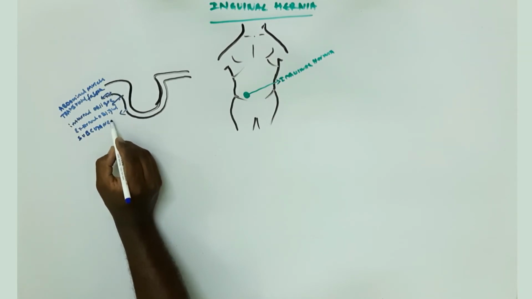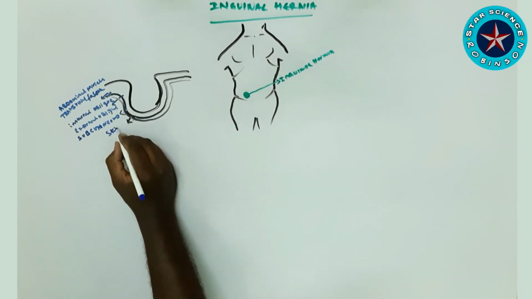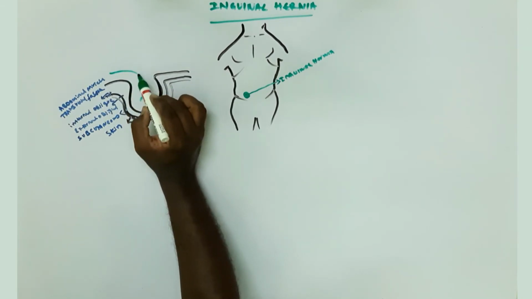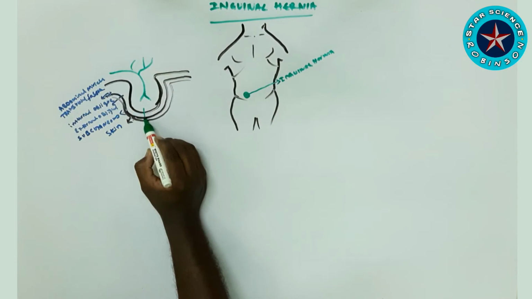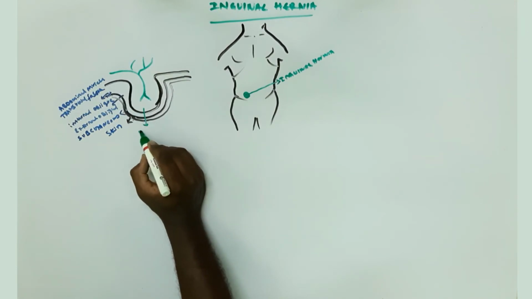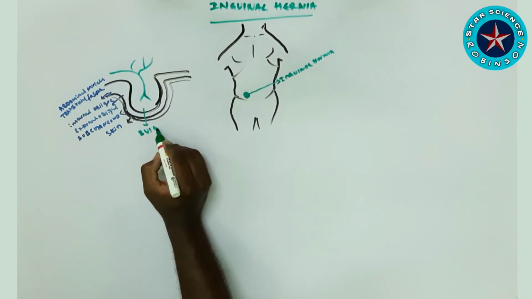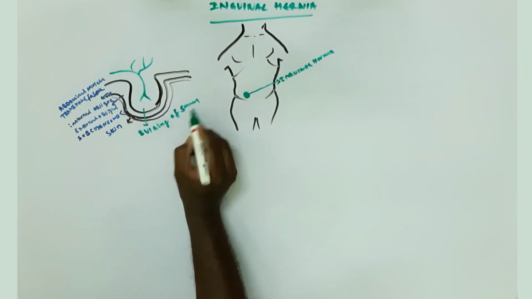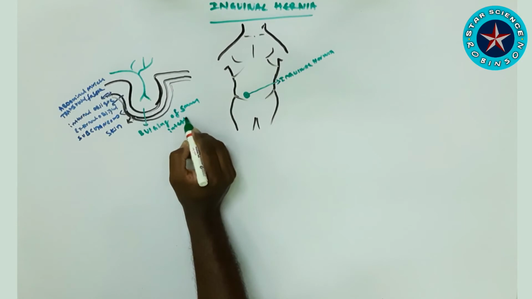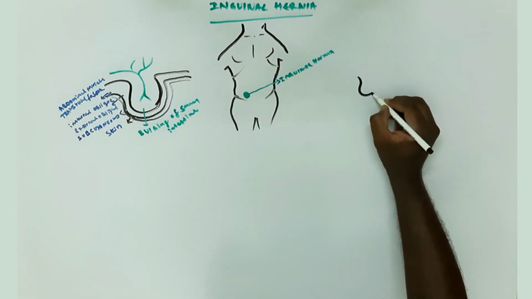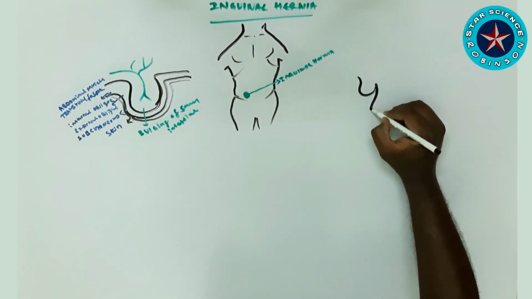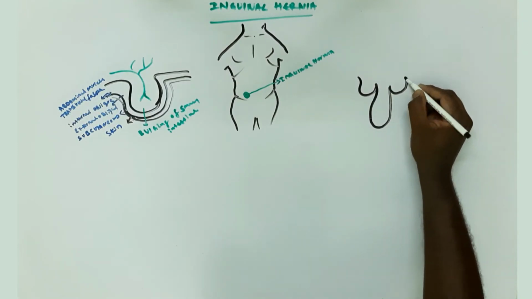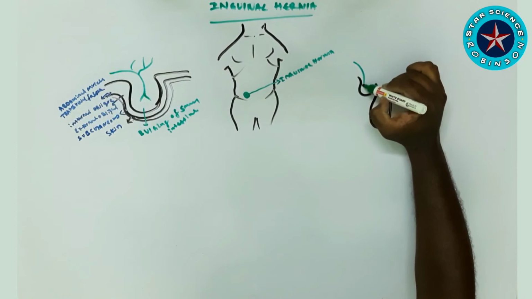These are the weak points of the abdominal muscle where the intestine will bulge. Here I'm showing you the intestine protruding into the muscle area at the weak point of the abdominal muscles. This is the bulging of the intestine. The layers, as we saw, are the transverse fascia, internal oblique, external oblique, then subcutaneous tissue and skin.